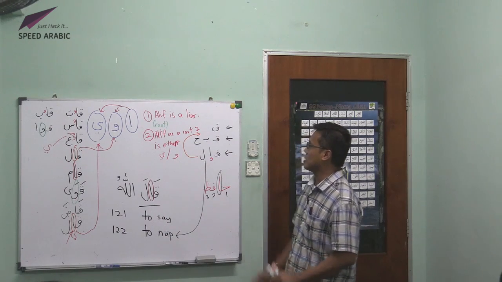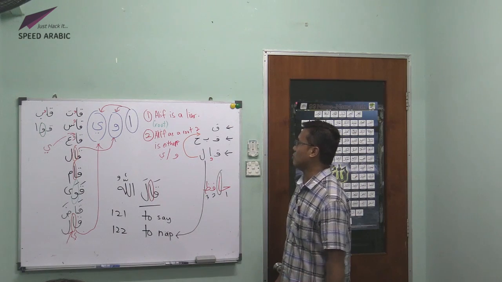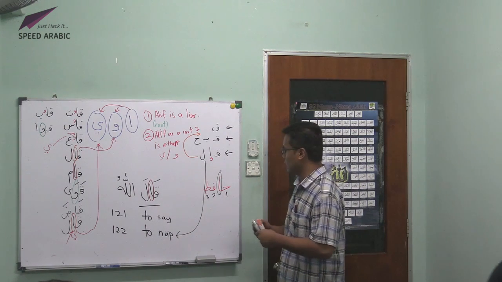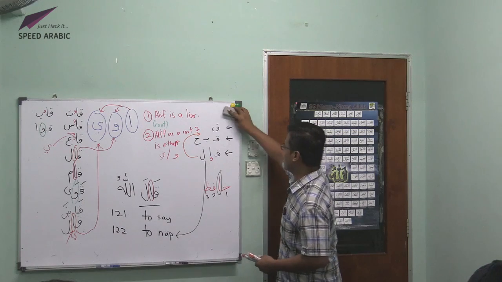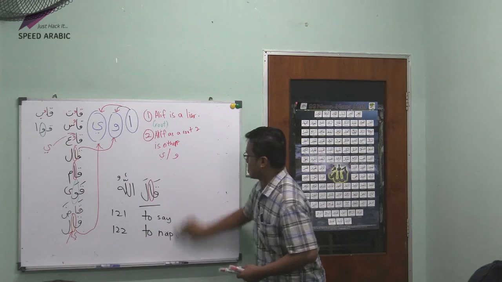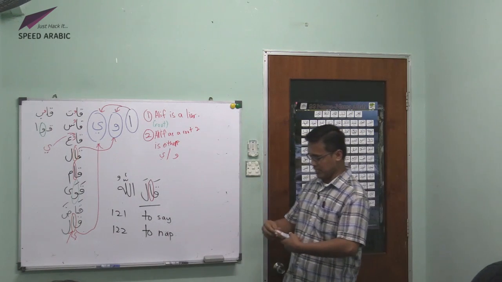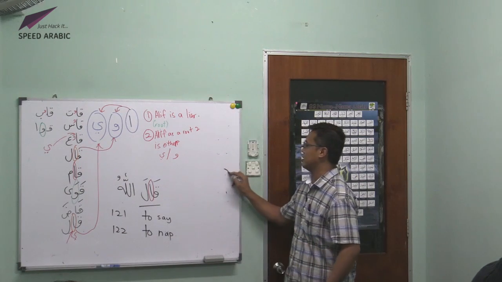Alif as root 2 is either waw or ya. So we are done with that. We will go to the third root. I will give something like this: da'a.